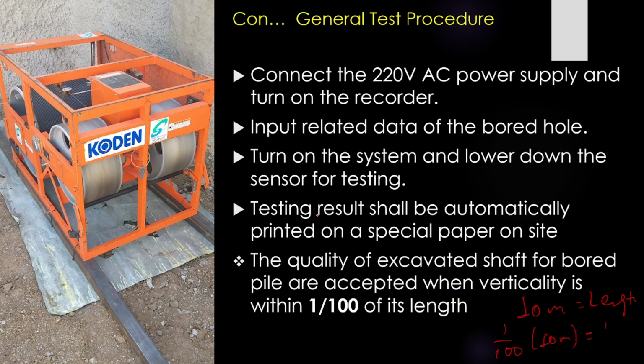This will give us around 10 centimeters. So this is the maximum allowable deviation in verticality. So this ensures the structural integrity and the performance of our bored pile.